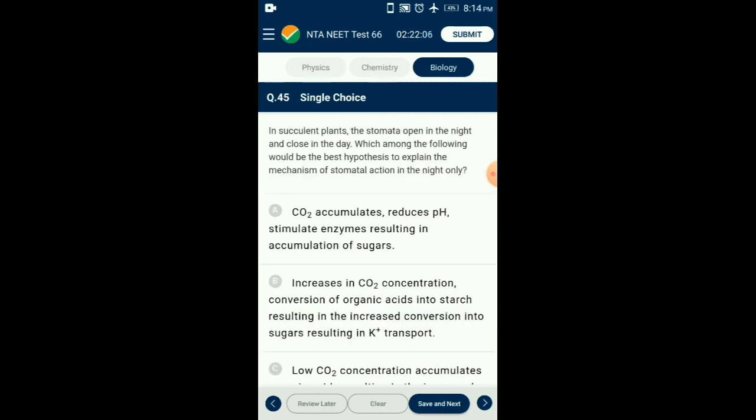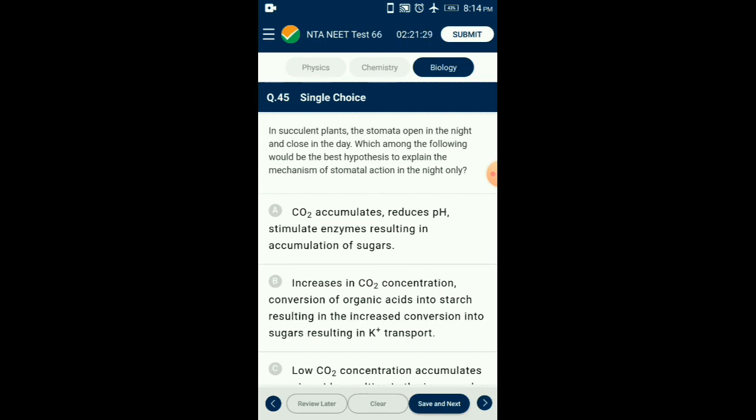Question number 45. In succulent plants, the stomata open in the night and close in the daytime. Which among the following would be the best hypothesis to explain the mechanism of stomatal action in the night only? In CAM plants, stomata open at night. In these plants, night acidification occurs. For example, malic acid is synthesized during night due to incomplete oxidation of carbohydrates.